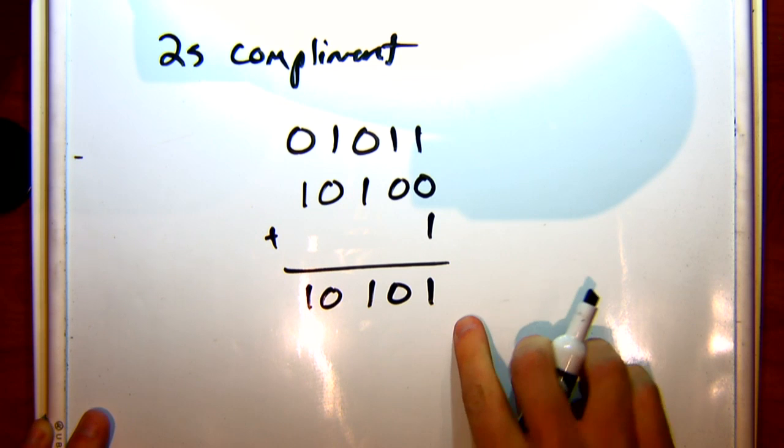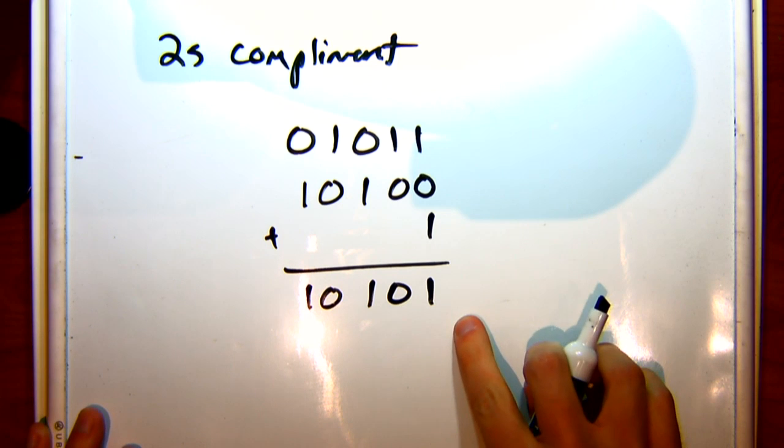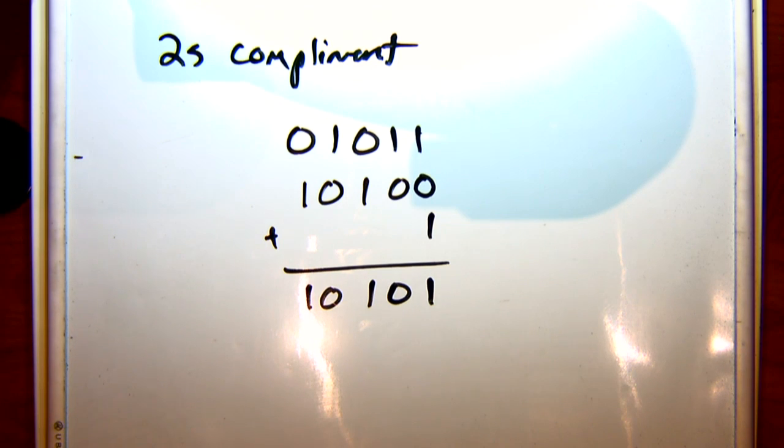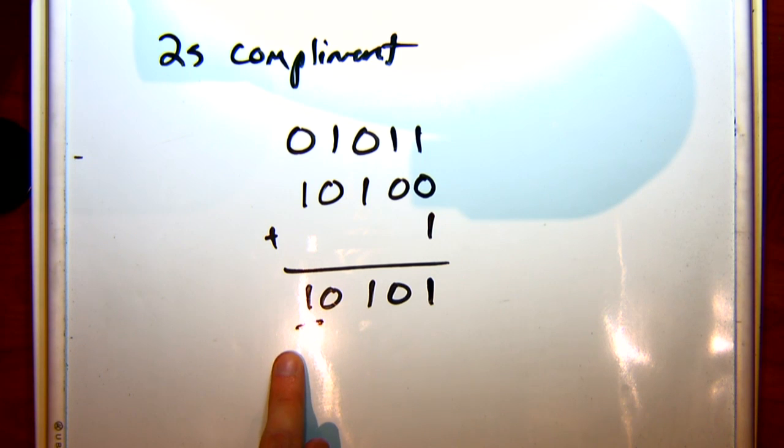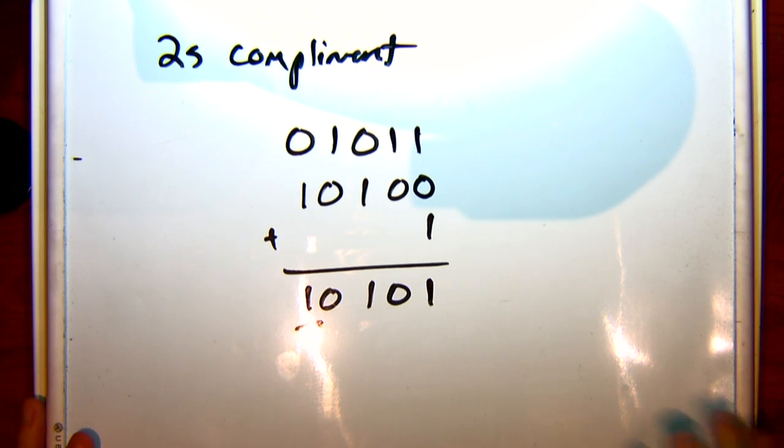So this would be the negative representation of that number. Now, in 2's complement, the most significant bit tells you whether it's negative or positive. When we do an arithmetic shift, you keep that bit intact, so it still tells you whether this number is positive or negative. And that's why we do the arithmetic shift.